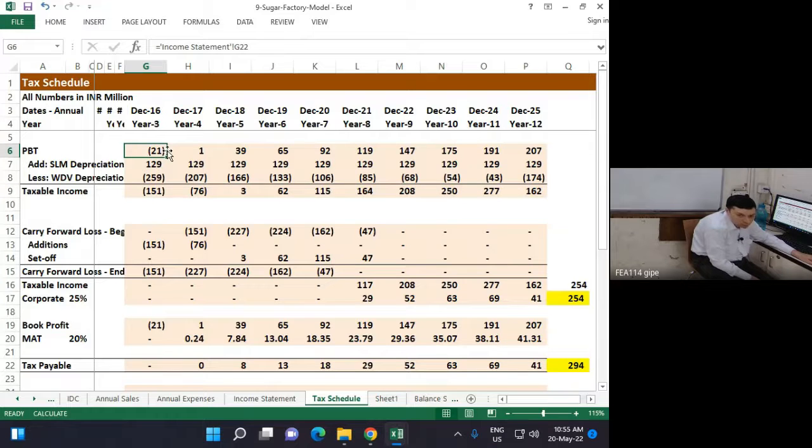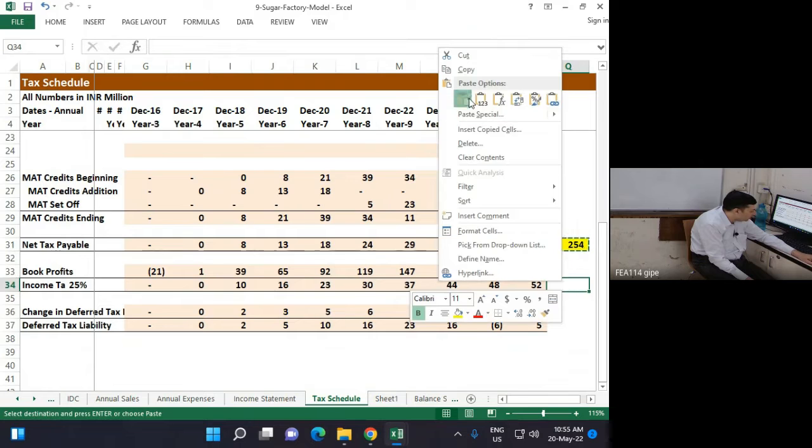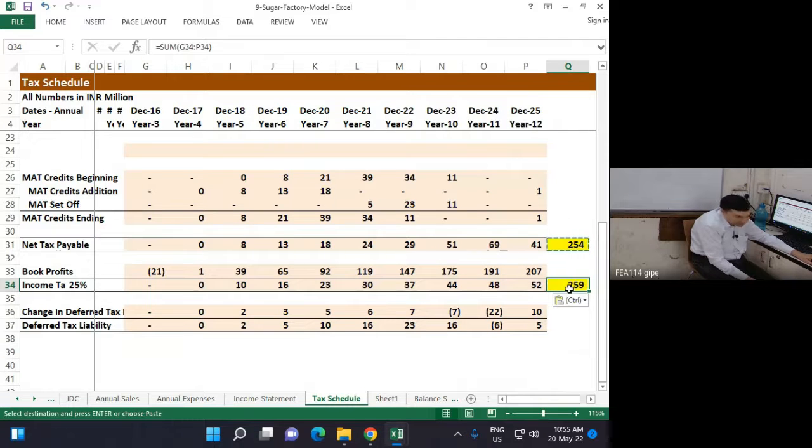तो 21 का जो लॉस है कंपनी एक्ट बुक में वो फ्यूचर प्रॉफिट में एडजस्ट नहीं हुआ. Therefore, income tax expense that you can see here is higher than the provision or than the payable amount by 21 ka 25%, which is around 5 point something. So if you look at this, if I copy and paste this formula here, this will come out to 259. And that 5 liability is the difference.